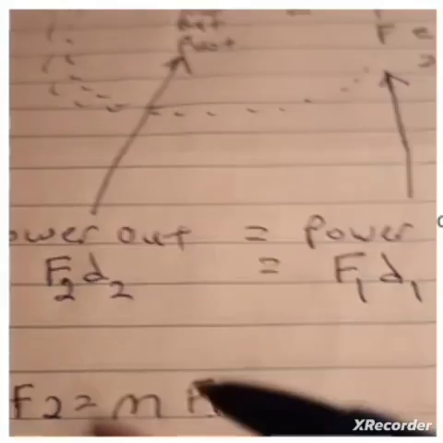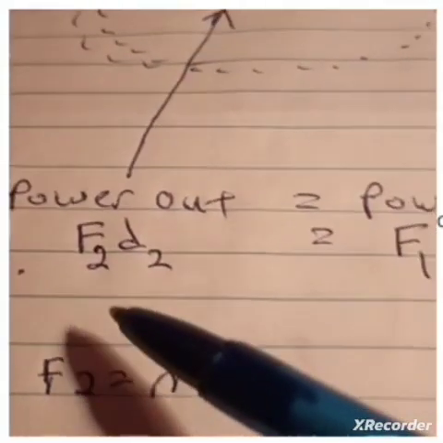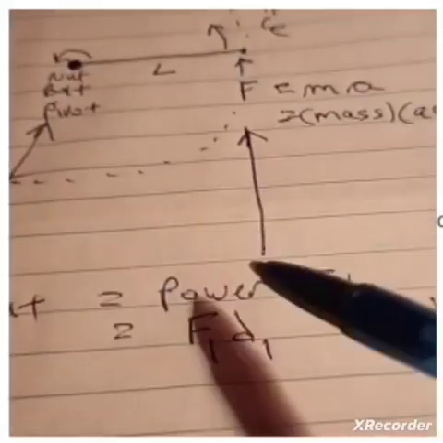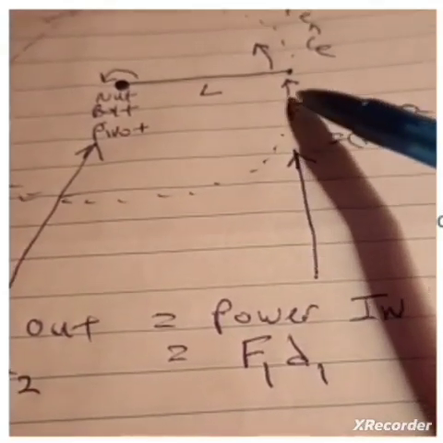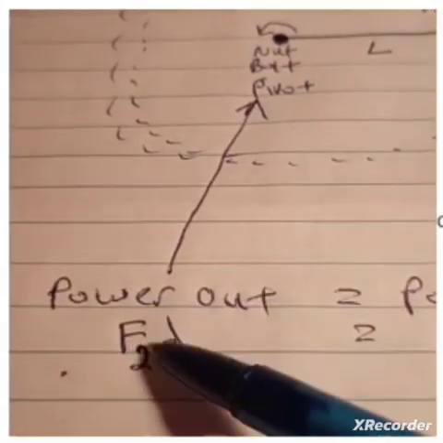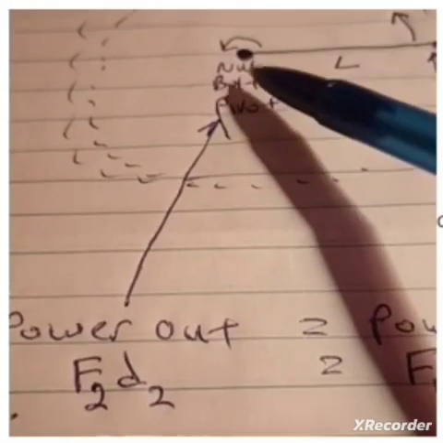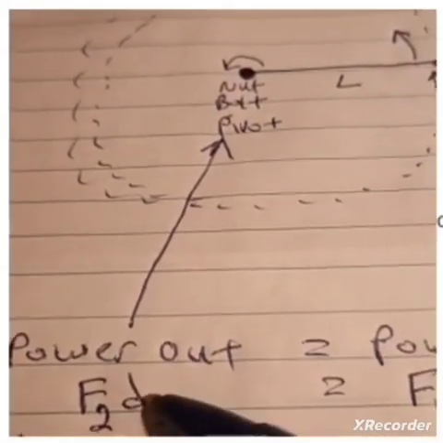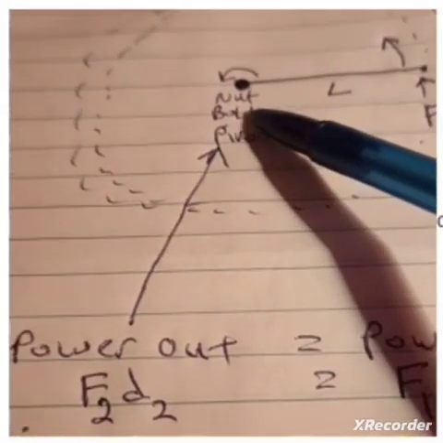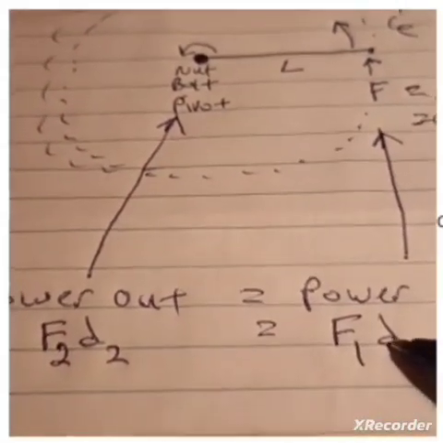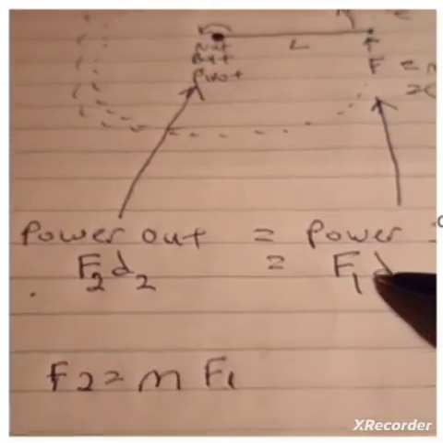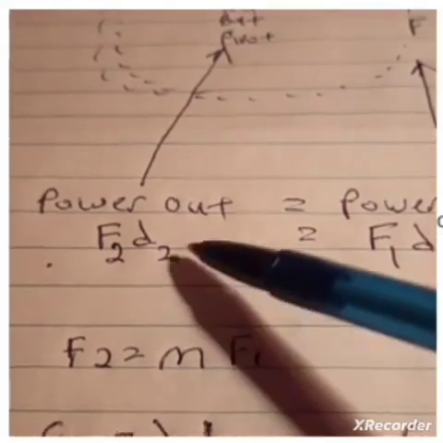This is a simpler way to explain it. And then see, we have power in, that's force times distance right here, equals power out. Okay, force times distance again, but they're not the same values, but they're equivalent in value. These two equations here are both sides of it.